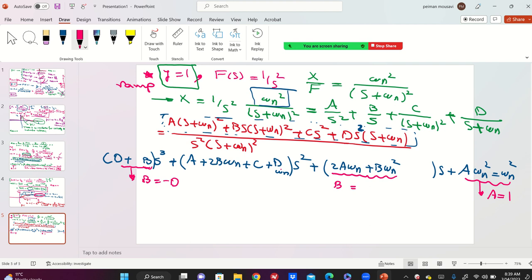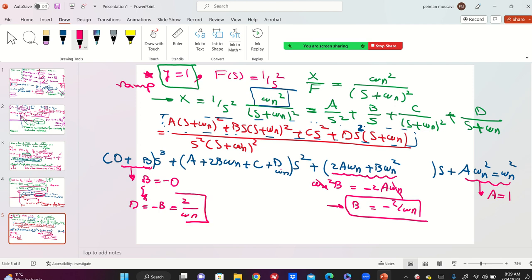So from here, b omega n squared is minus 2a omega n. So your b is going to be minus 2 over omega n. Okay. So from here, your d is going to be minus b, so you get 2 over omega n.